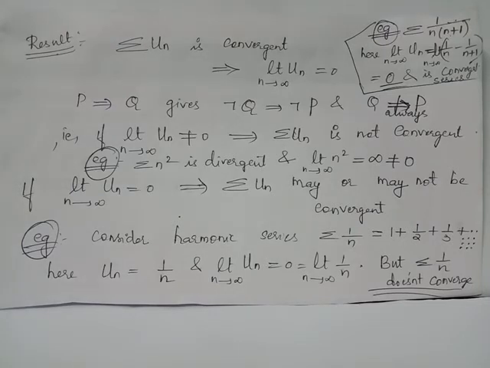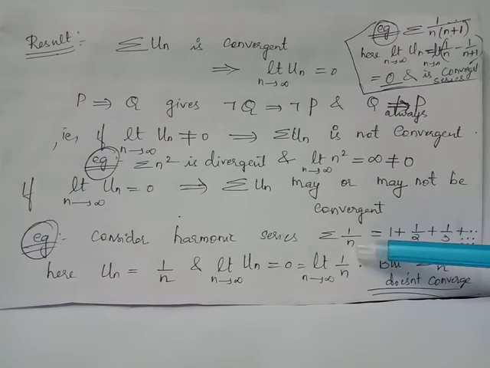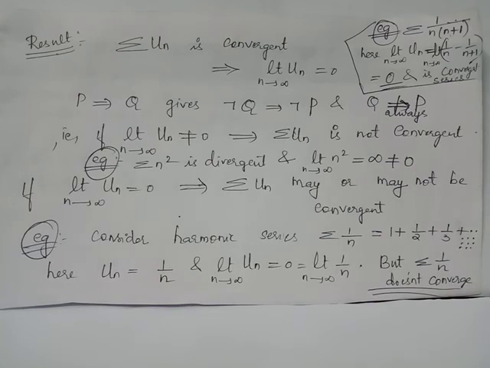But this particular divergent series has its nth general term which is 1 by n, to which when you give limit n tends to infinity will give 0 as the answer. Here we have an example in which we observe that even if the considered infinite series which is the harmonic series is divergent, its nth general term un which equals 1 by n, to which when you give the limit n tends to infinity, you are getting limit n tends to infinity applied on 1 by n equals 0.